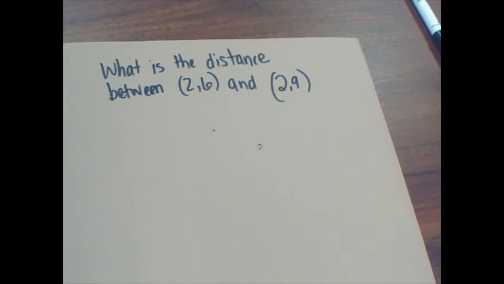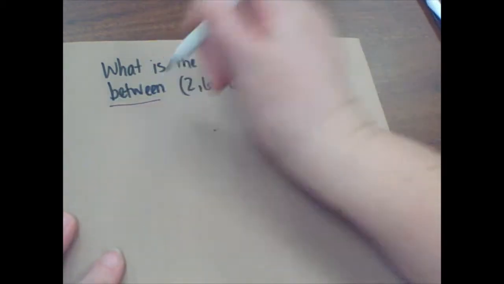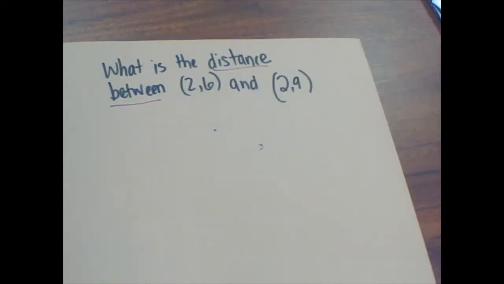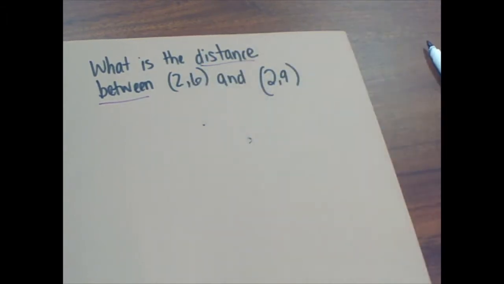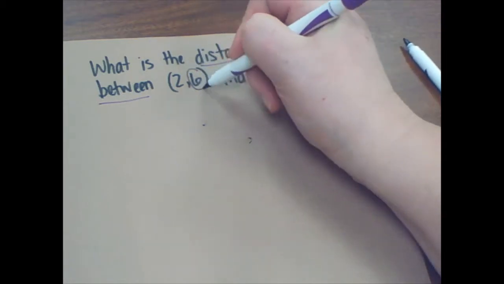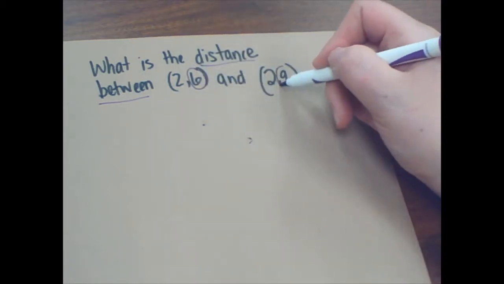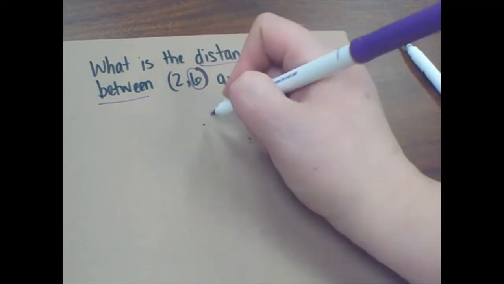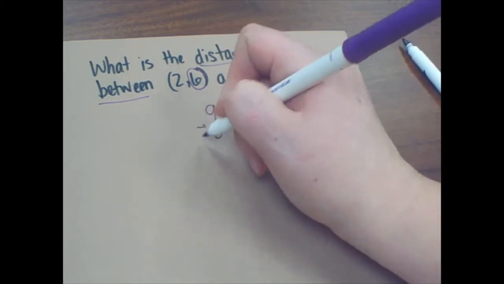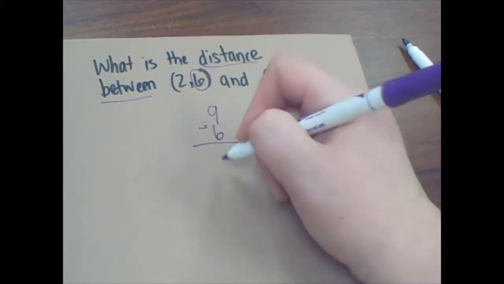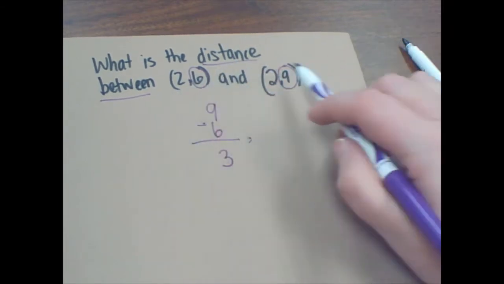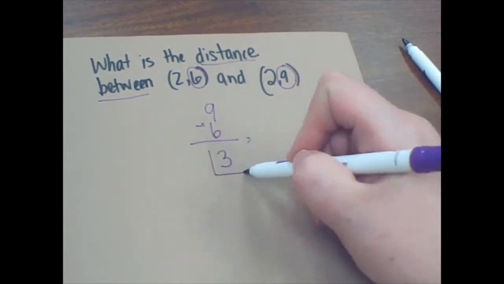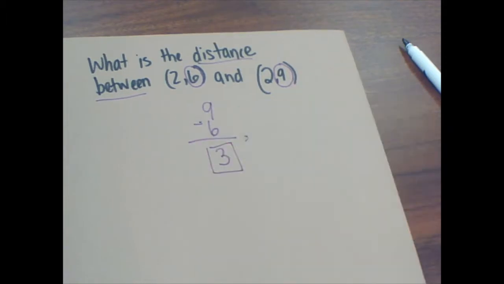They want to know the distance between, okay? You actually don't need to plot those points. The 2's are the same, so all I need to do is take the difference of the y values, the 6 and the 9. So I would really have 9 minus 6, which is 3. So the distance between 2, 6 and 2, 9 is actually 3.